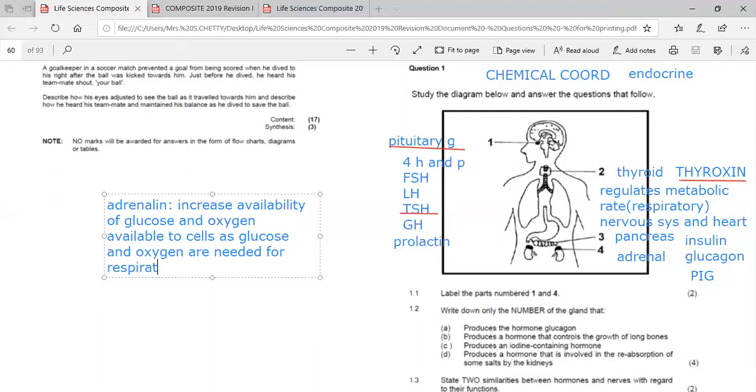And why do you want respiration? Because through respiration, what are you going to be getting? The energy that you need for an emergency situation. There we go. So if you understand why adrenaline is produced, then you'd be able to logically understand the functions performed by adrenaline.